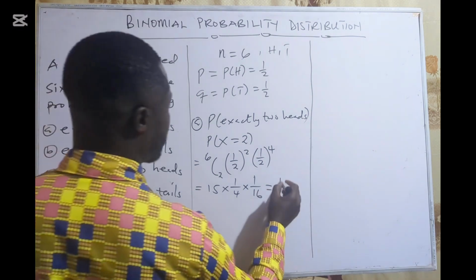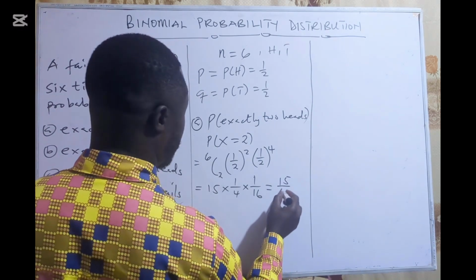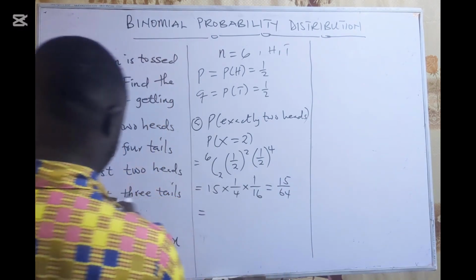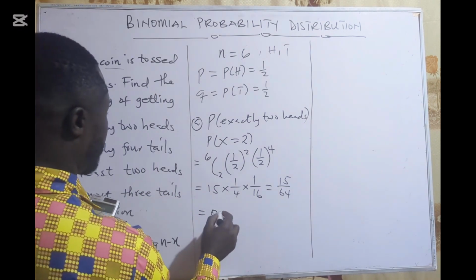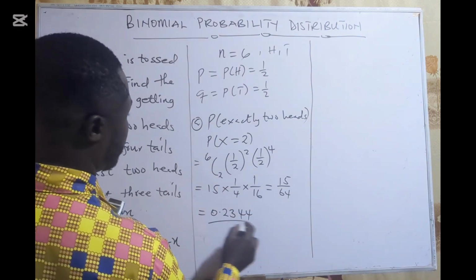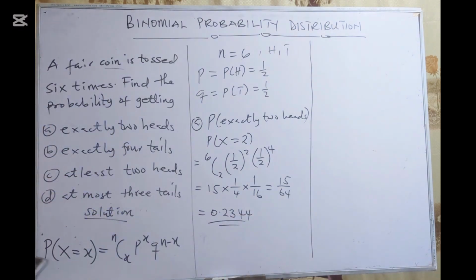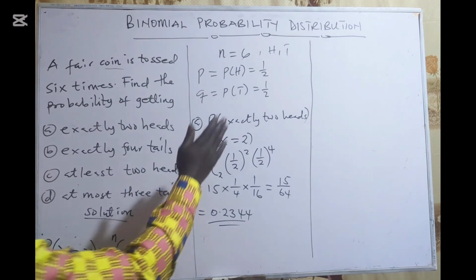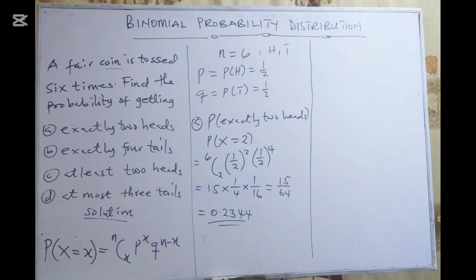That will give us 15 out of what? 64. And that will be equal to, in decimal, 0.2344. Okay. So this is the probability that when I toss a coin, I'll get exactly 2 heads.